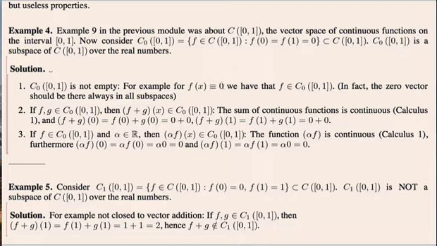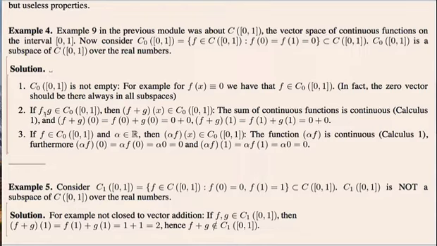So this 0 function is actually the 0 vector in this vector space. In fact, in general, the 0 vector should always be there in all subspaces. So if you are looking at an example of a subset of a vector space, you can check whether or not the 0 vector is there. It should always be there.